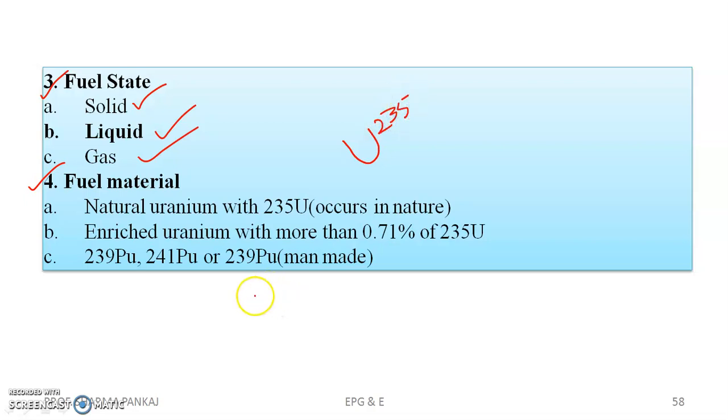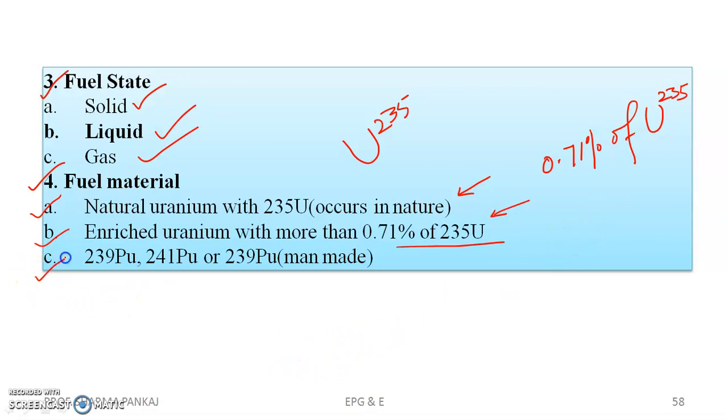The second one is enriched uranium with more than 0.71% of uranium-235. This one is another classification of material required.